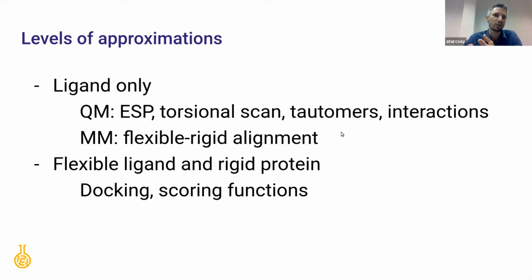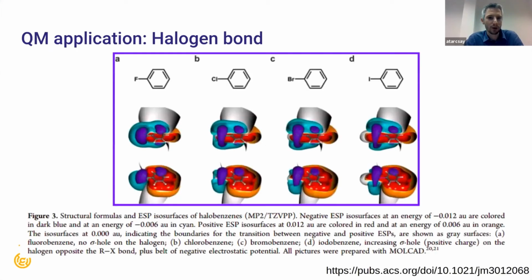So in the X-ray structure, if you have a complex with one of the ligands in the protein structure, what you observe, you can overlay your test compounds and check whether it fits in 3D. Can it adopt a similar 3D conformation? Or you can apply flexible ligand and rigid protein models like docking, where you will apply scoring functions.